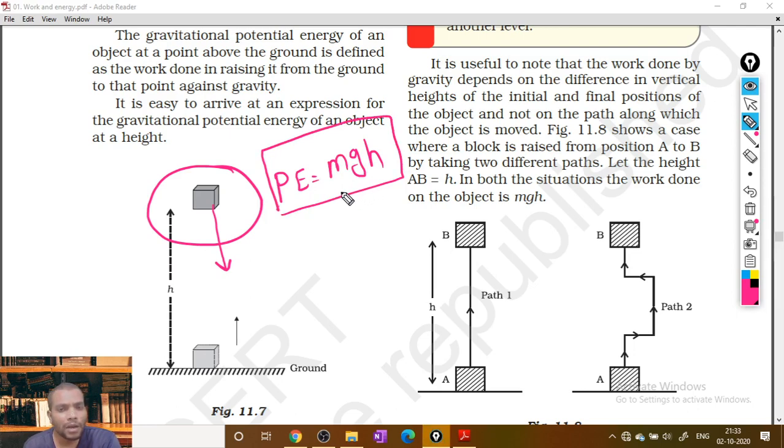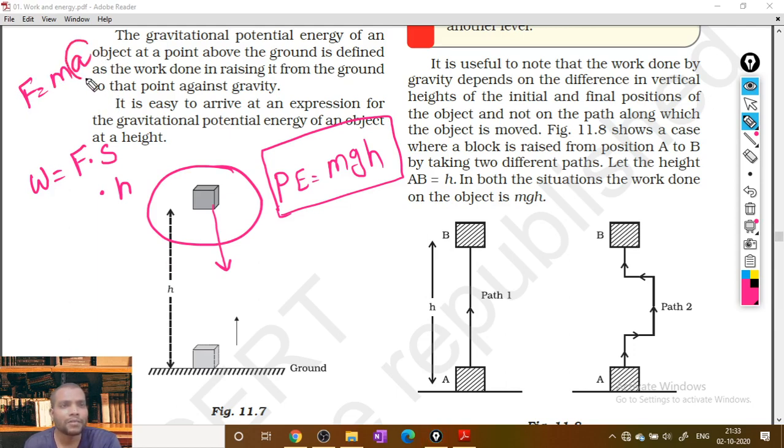How did this formula come about? It comes from work. The work formula is force times displacement. Displacement equals h, and the force we can write as F equals ma, Newton's second law.